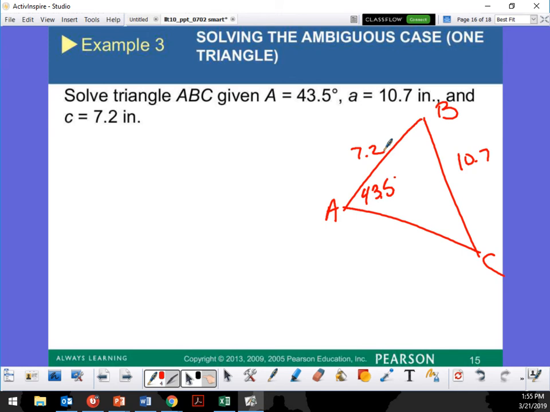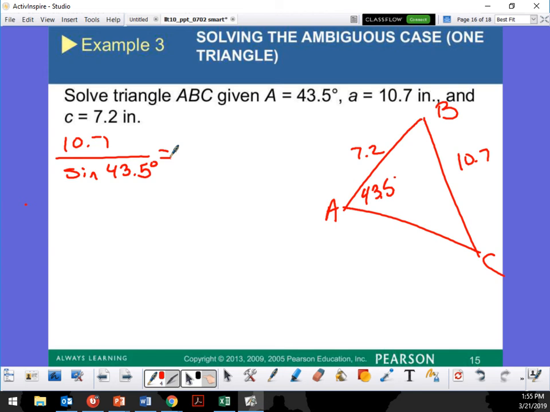Let's go ahead and set it up. I'm going to start off with 10.7 over sine of 43.5 equals. What goes next? Little c and big C, right? Because that's all I can solve for.